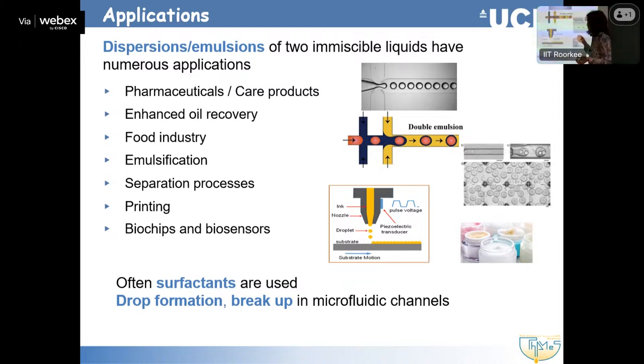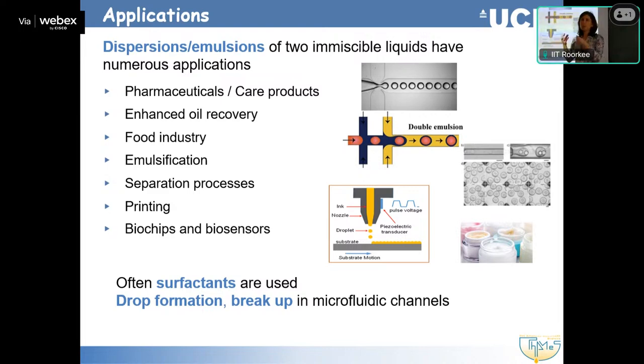So when we want to have dispersions or emulsions, we do need, in the majority of cases, to add surfactants, okay? Because otherwise they're not going to stay stable. They're going to separate. Do people know what surfactants are, or surface active agents more generally? Yeah, they're molecules that like to attach at interfaces, and they are usually long, polymeric.